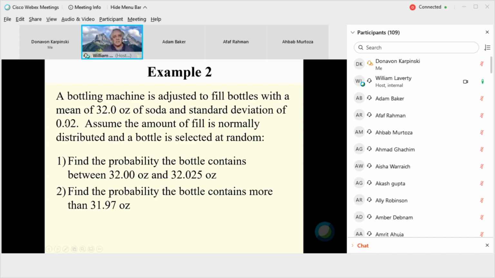The standard deviation tells you how spread out that number will be. With that information, find the probability the bottle contains between 32 ounces and 32.025 ounces. Find the probability that the bottle contains more than 31.97 ounces.